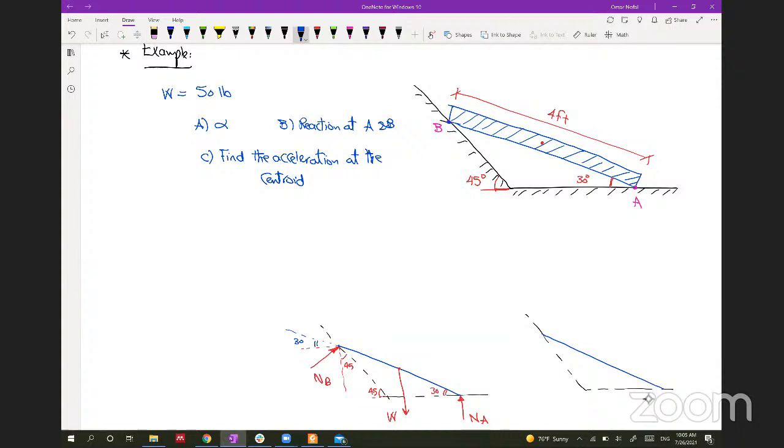We know that this is perpendicular to the surface. Okay, so let's make a perpendicular to this body. This is 45, and this angle is perpendicular. So here is 45, 30. So let's find this angle.